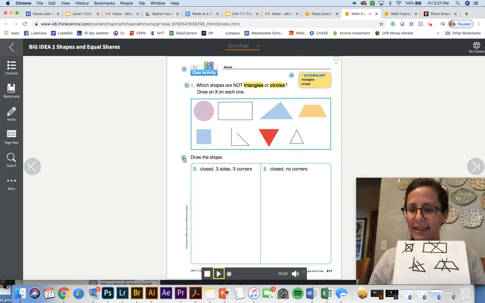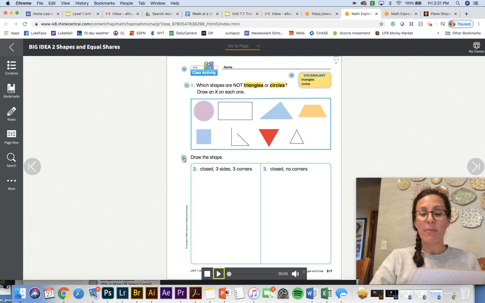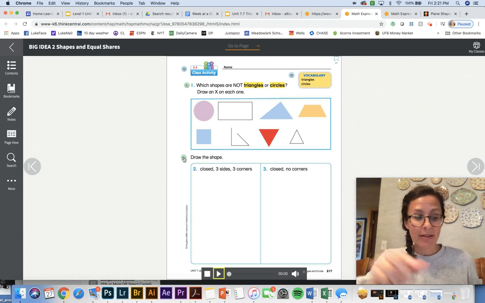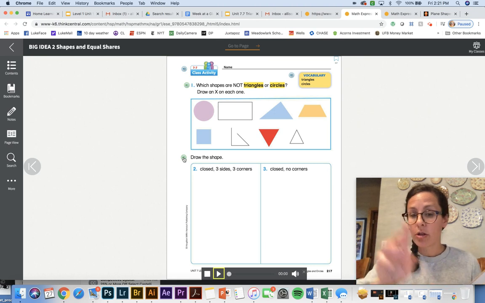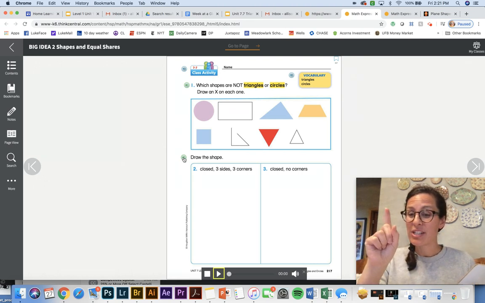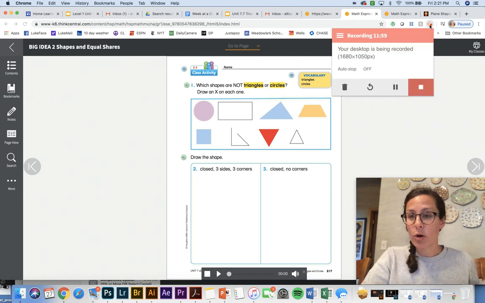All right, so you are going to pause the video right now and you're going to come up with one shape that is closed, 3 sides, 3 corners. What would that look like? And then one shape that is closed but has no corners. Okay, pause the video and go ahead and work on that now.